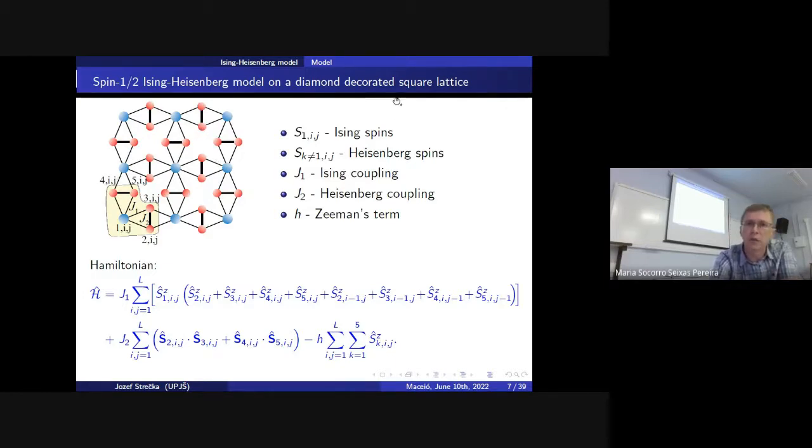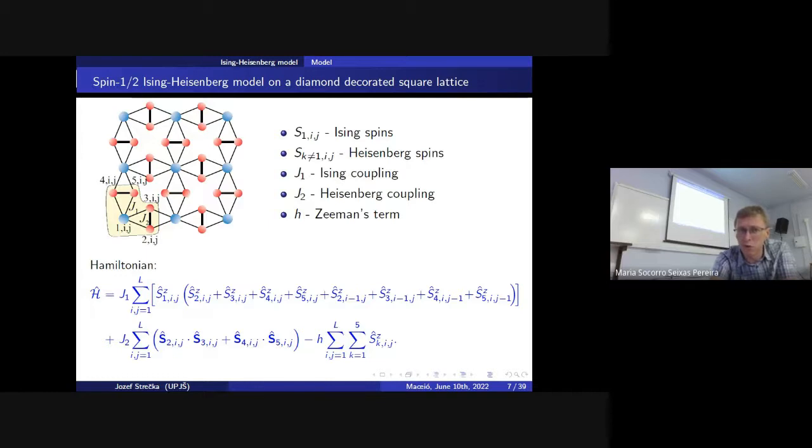We call it the diamond decorated square lattice because there are diamond units over there. And this shading shows the elementary unit, which consists of 5 spins enumerated within one unit by indices 1, 2, 3, 4, 5. And ij just denote the position on horizontal and vertical lines of the original square lattice.